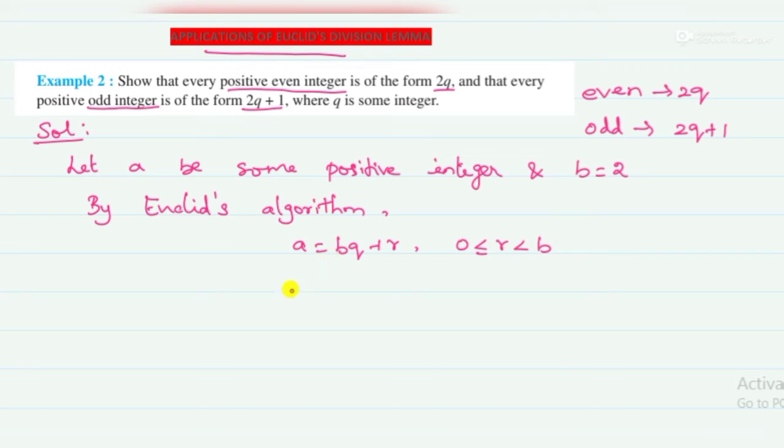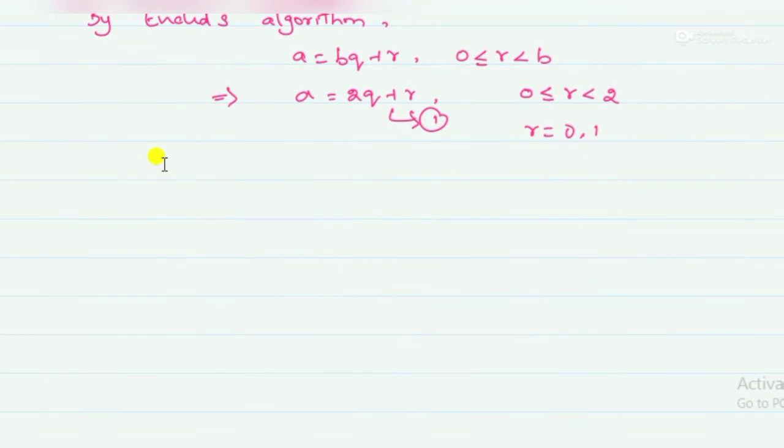Now b takes the value 2 here, so a equal to 2q plus r, where 0 is less than or equal to r less than 2. So r takes the value 0 and 1. Let us mark the equation as 1.